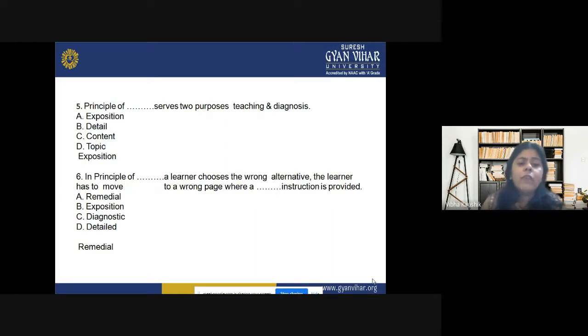So, in which principle does that happen? The options are A, remedial, B, exposition, C, diagnostic, or D, detail. So it's the principle of remedial. In principle of remedial, a learner chooses the wrong alternative. The learner has to move to a wrong place where a remedial instruction is provided to the learner.